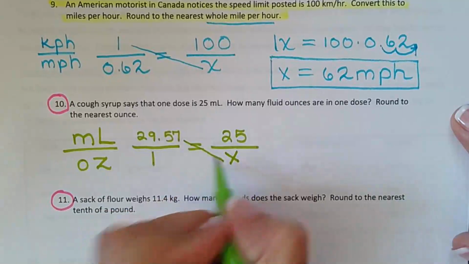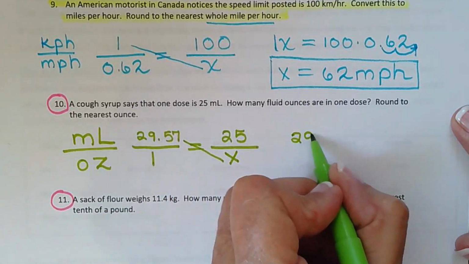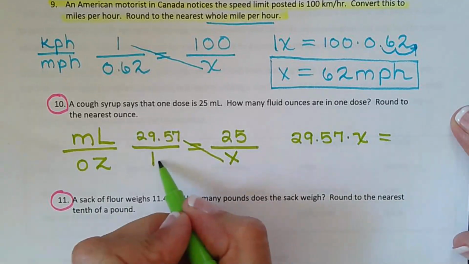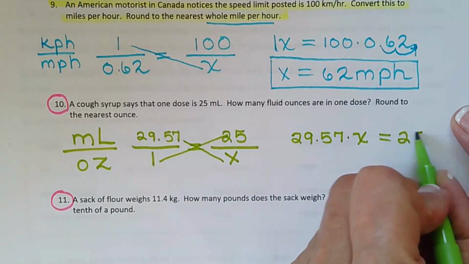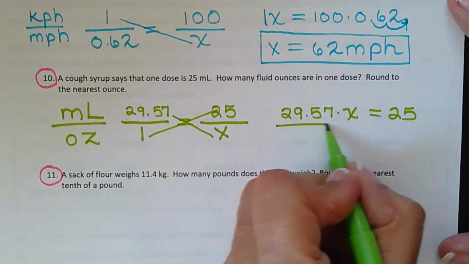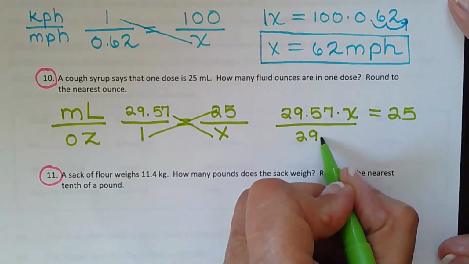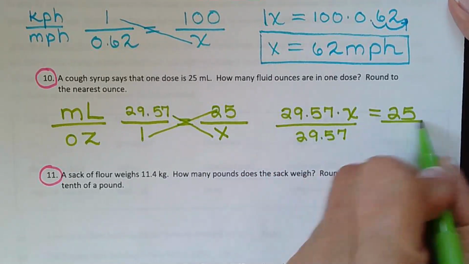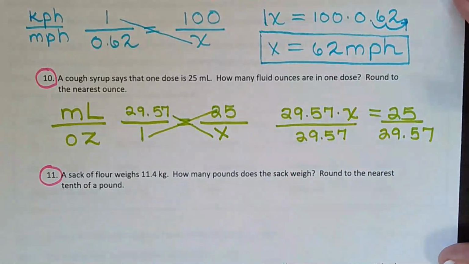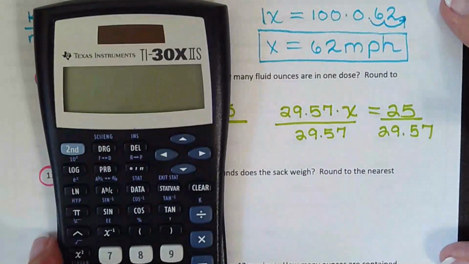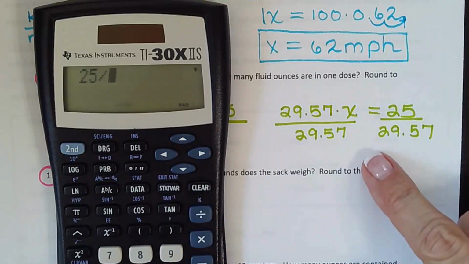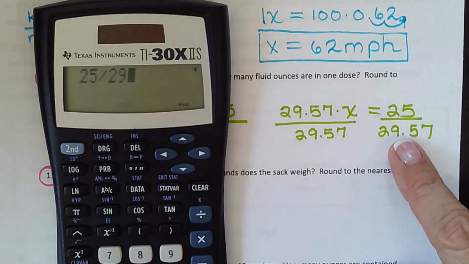So we have 29.57 times x equals 25 times 1, which is 25. To solve an algebra equation, you do the opposite. So the opposite of times is divide. And then this is definitely a calculator problem. I don't feel like this late in the lesson to do a long division problem. So 25 divided by 29.57.